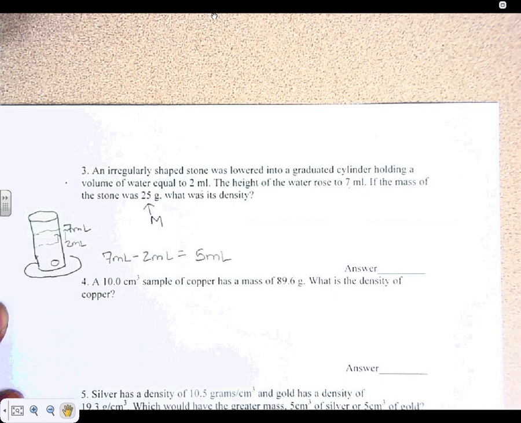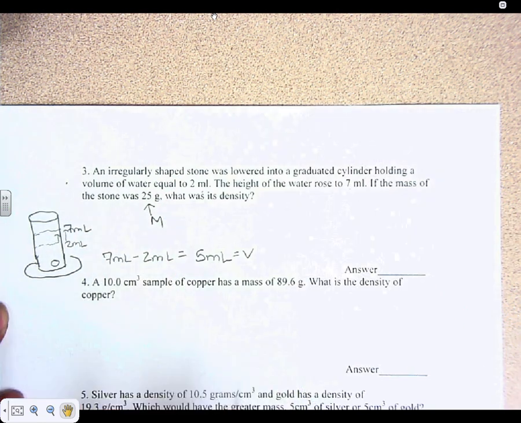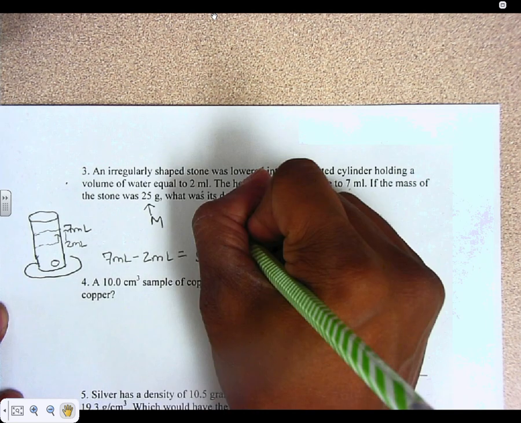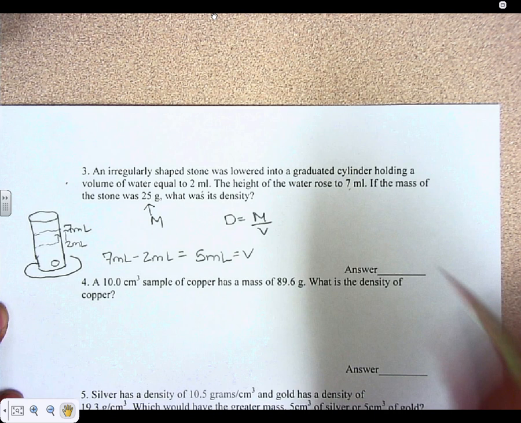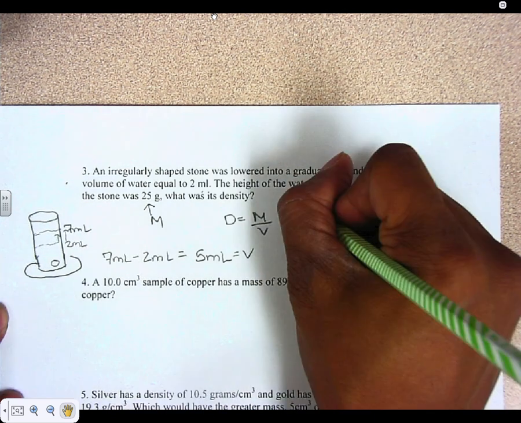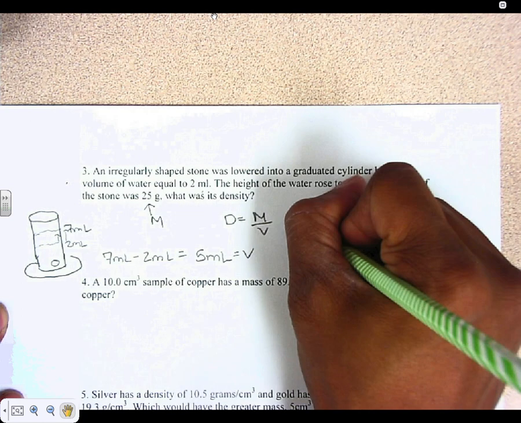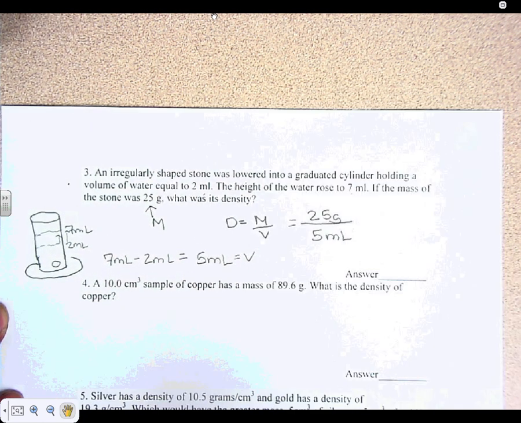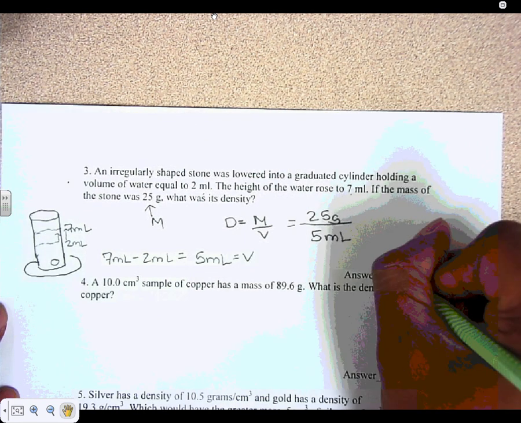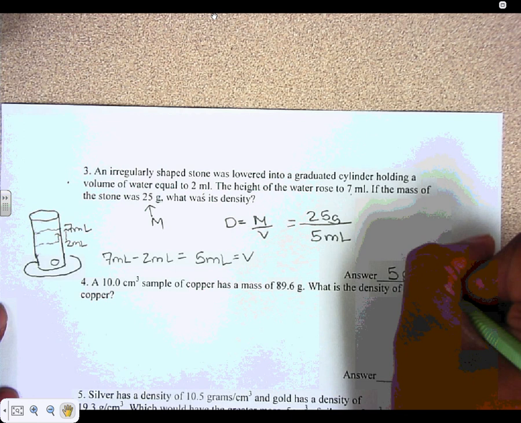That's my volume. I know my mass, I know my volume. I can solve for density because density is equal to mass over volume. In this case, 25 grams divided by 5 milliliters gives me a density of 5 grams per milliliter.